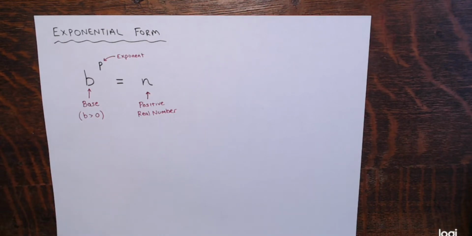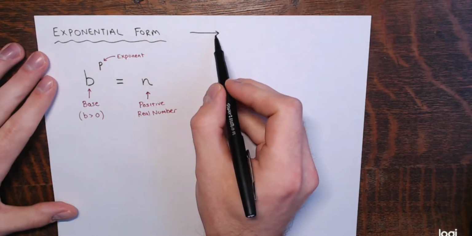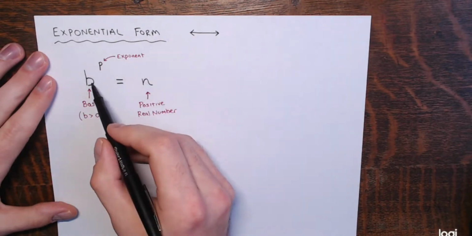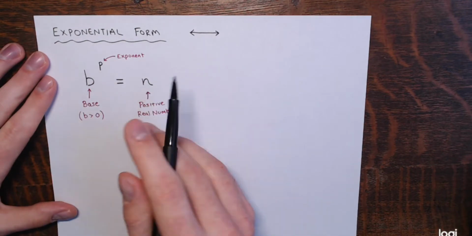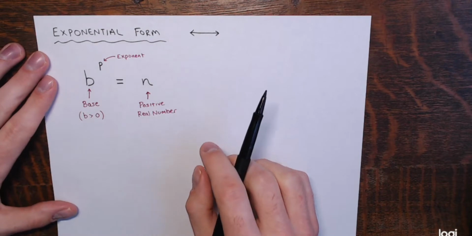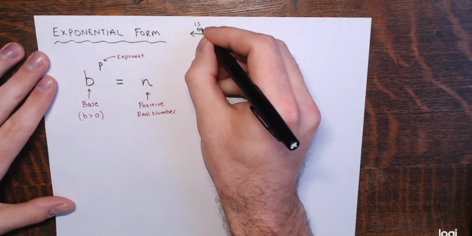This is called exponential form. And this statement that b to the p power equals n can be written in an equivalent way. This is equivalent to saying the following.